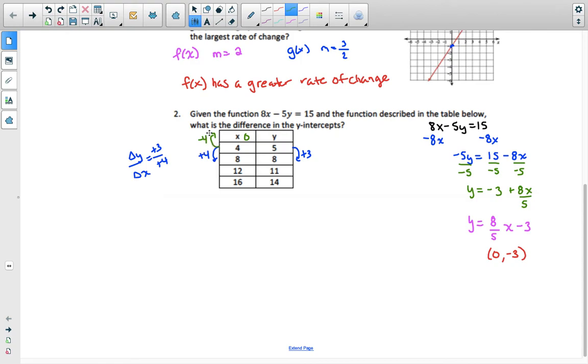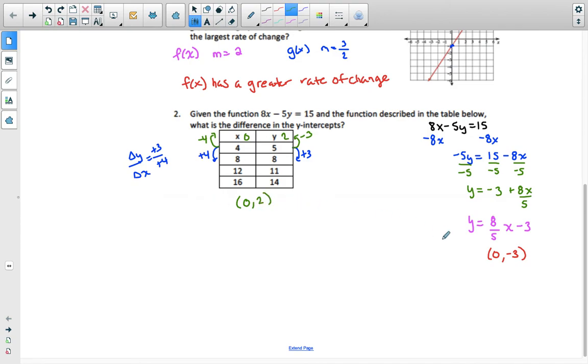So if I have to subtract 4 from the x, I'm going to have to use that same 3 on my y's, but instead of adding, we're going to subtract 3. So we get from 4 to 0, so we're going to get from 5 to a positive 2, because 5 minus 3 gives us positive 2. That tells us that the y-intercept of this table is (0, positive 2).